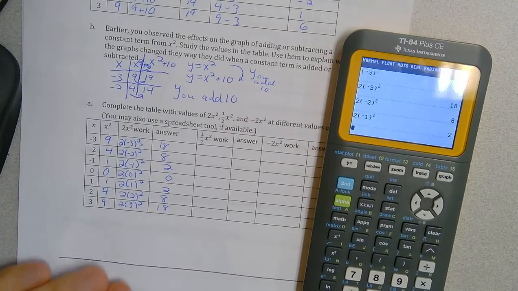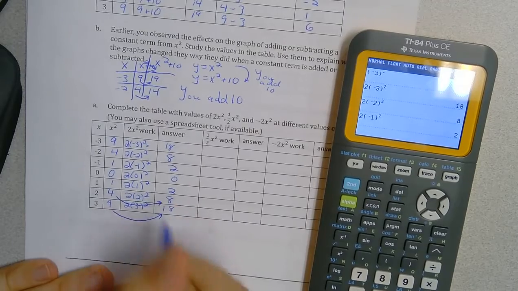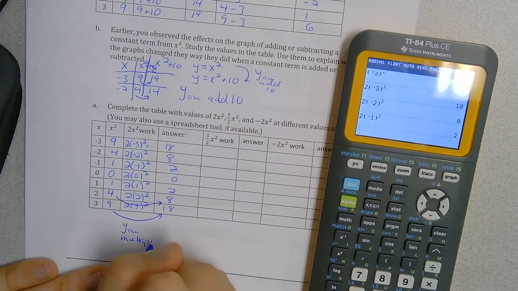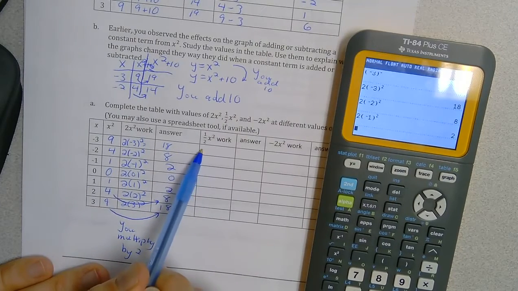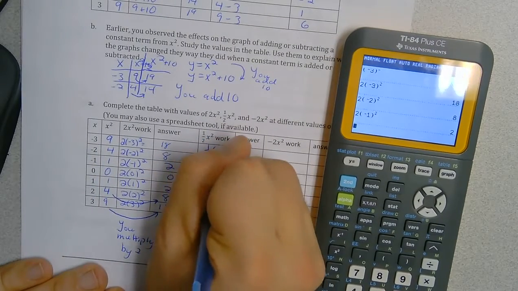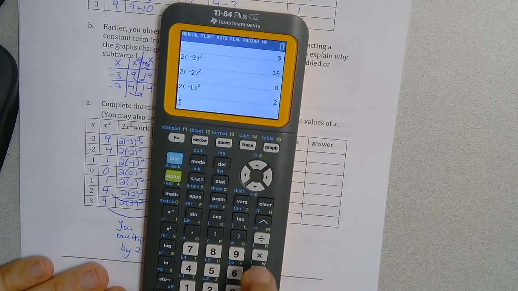So now, in looking at how these are related, how do I relate 9 to 18 and 4 to 8? In relating these values, you multiply by 2. And then in looking at this one, if I do 1/2 times the x squared, so 1/2 times -3 squared, and then again, to get that nice fraction, you hit alpha x.